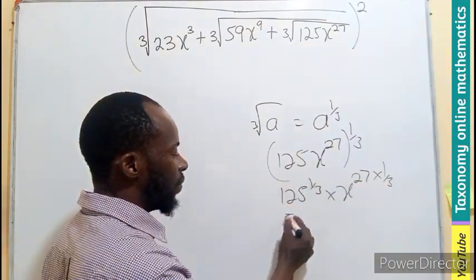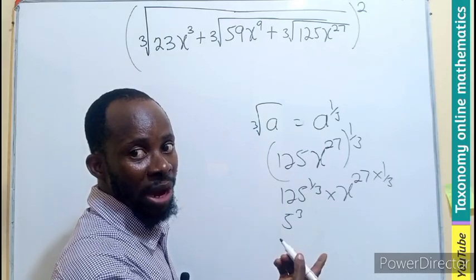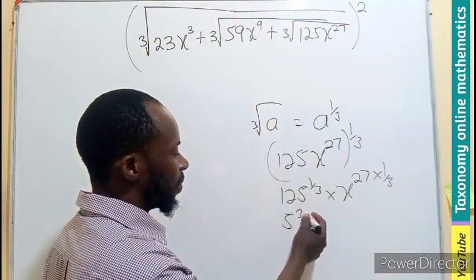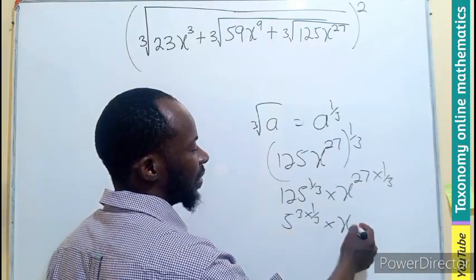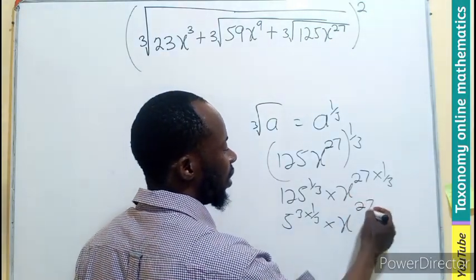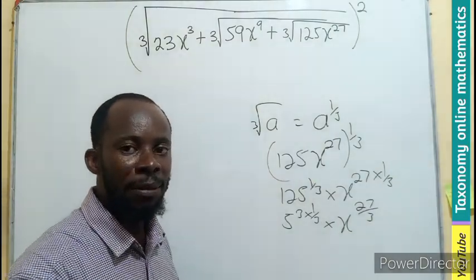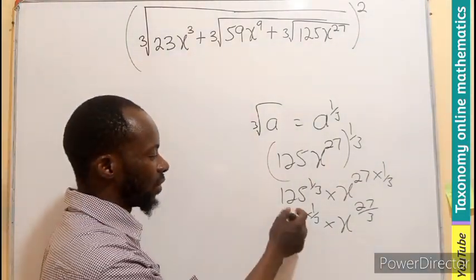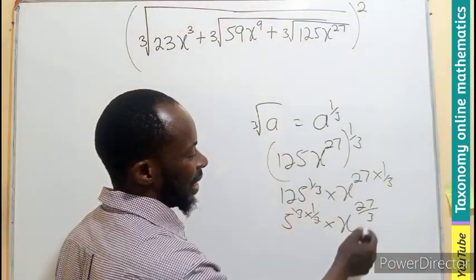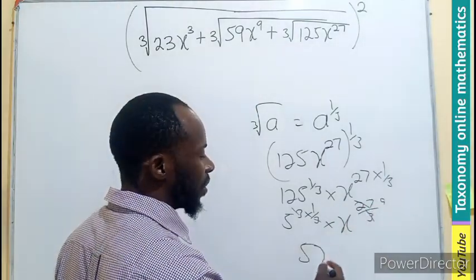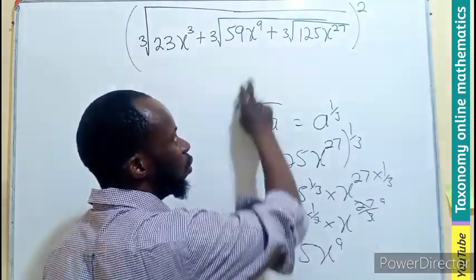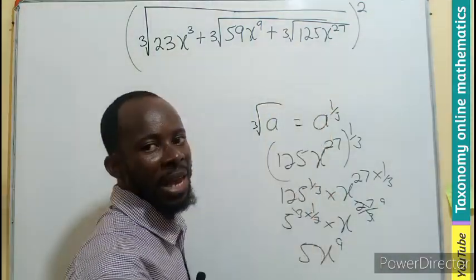This is also 5, then times x exponent of 27 divided by 3. You can see that this will cancel this, then 3 will go into 27 9 times, meaning 5x exponent 9 will be the simplification from here.